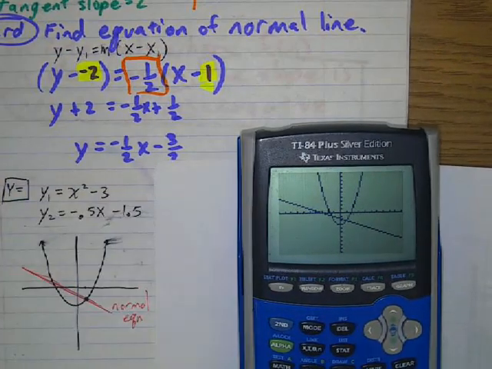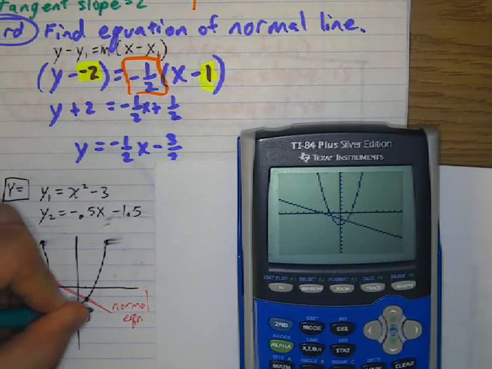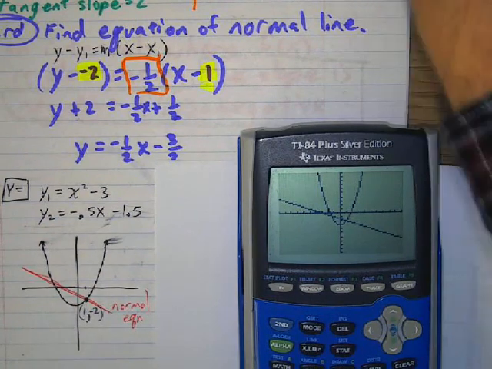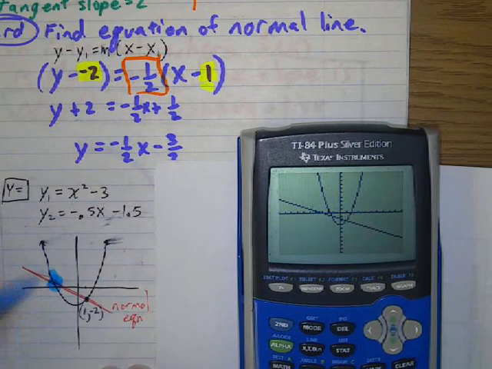This point right here is 1 comma negative 2. And the question says, where does the normal line meet the curve again? So the normal line meets the curve again at this point right here.